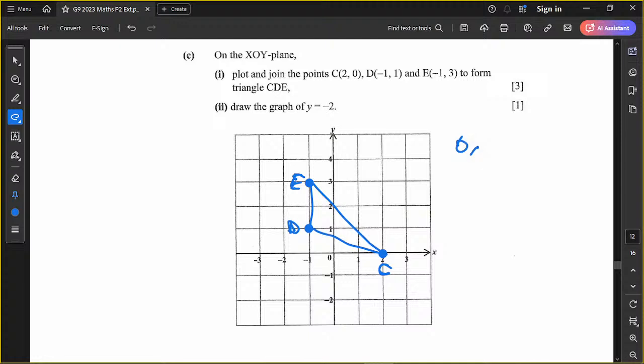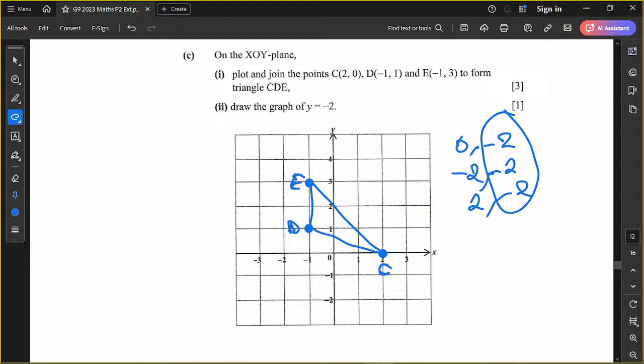Let me say (0, -2). We can also have (-2, -2). Then we can also have (2, -2). Now remember, this side is the reading of the y-axis, so you can see that all the readings on the y-axis are -2. So that means we can now come up with a graph that has the reading of -2 on the y-axis.